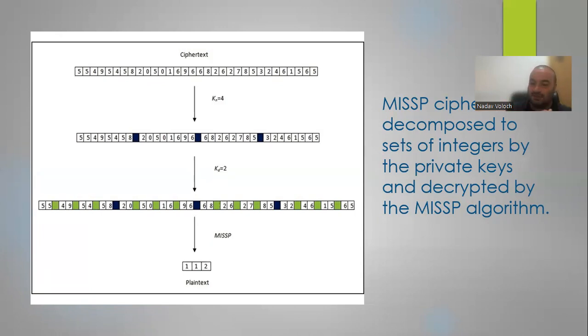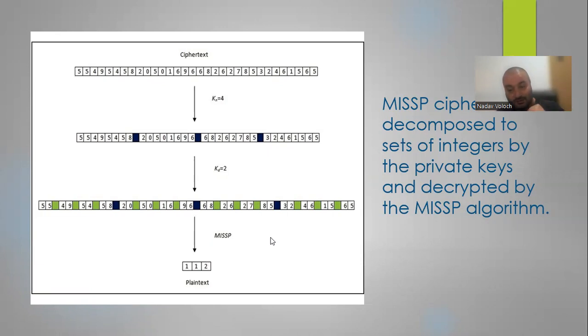And on this set of sets, as you can see, we do the MISSP algorithm, and we try to find a sum that will be reachable from all of these sets. This specific sum, if it exists, of course, is the plain text. And this is the actual decryption.